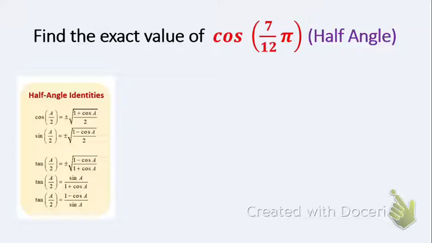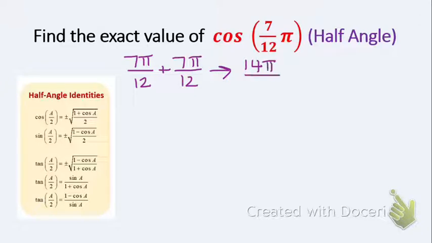So there's a lot of different ways to figure out what the angle would be. But I need to figure out what angle am I dividing in half to get to 7 pi over 12. So I'm going to take this 7 pi over 12 and just add it. If you take 7 pi over 12 plus 7 pi over 12, you get 14 pi over 12, which reduces to 7 pi over 6.